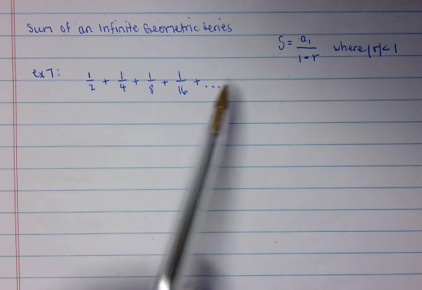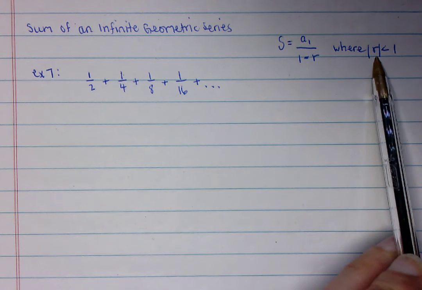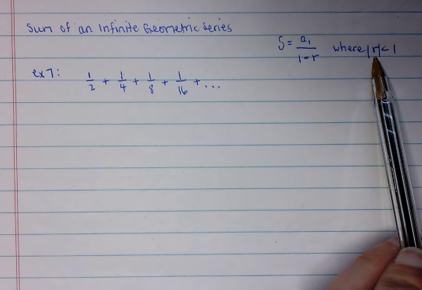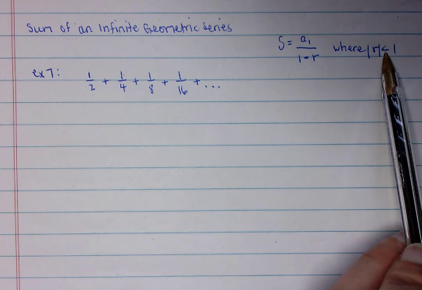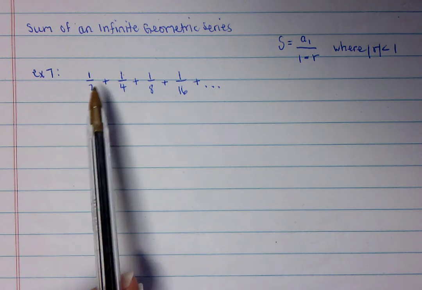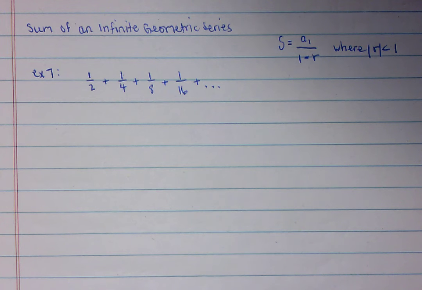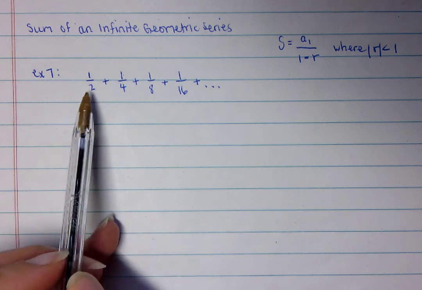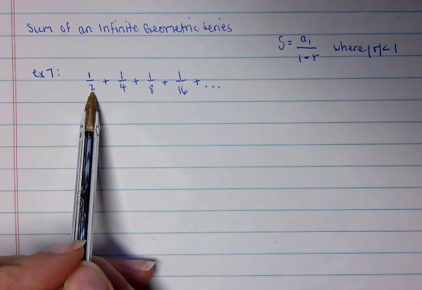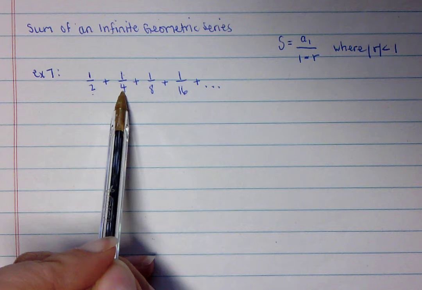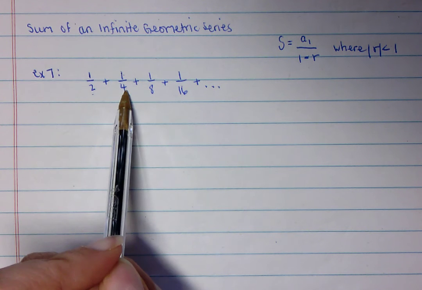It doesn't stop. And you can find the sum when the absolute value of the common ratio is less than 1. So this has to be decreasing. It can't be an increasing series here. Notice in this example, you have 1/2, and if you multiply 1/2 by 1/2, you get 1/4.